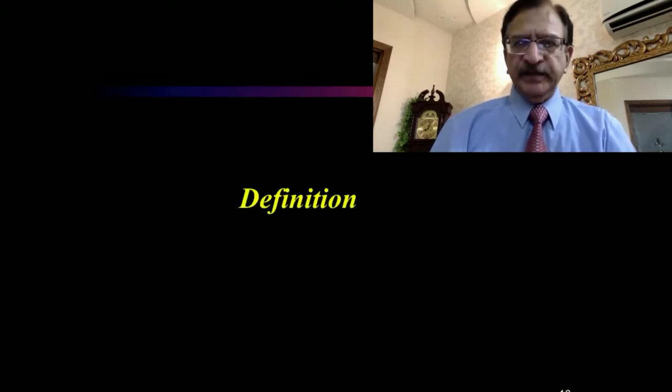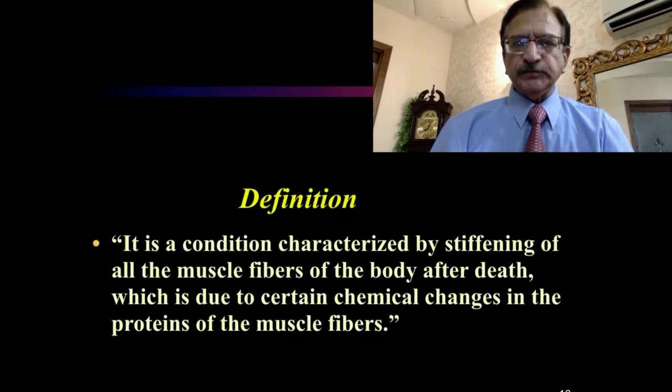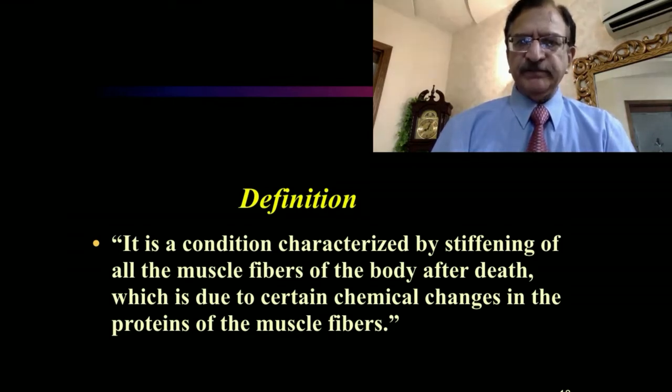Now, about the definition of rigor mortis, it is a condition characterized by stiffening of all the muscle fibers of the body after death, which is due to certain chemical changes in the proteins of the muscle fiber. So this is stiffening of all the muscle fibers of the body.